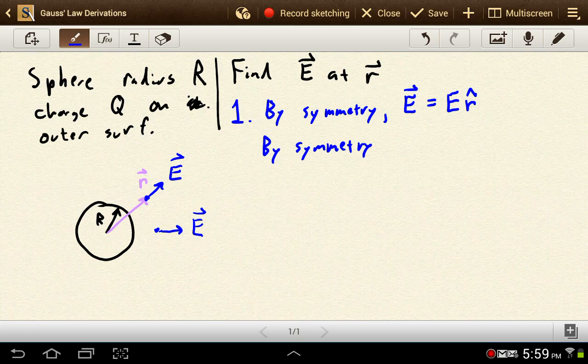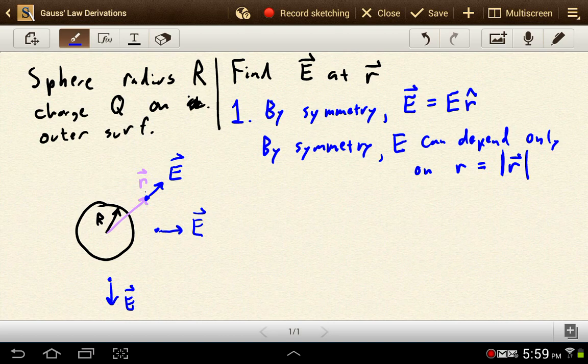So by symmetry, we can say that the magnitude of the electric field can depend only on scalar r, which is equal to the magnitude of your r vector. So at any given point, the magnitude of your electric field has to be determined by your distance from the center of the sphere. Like down here, for example, if you're at the same distance, it's got to be the same magnitude as it is here and here.